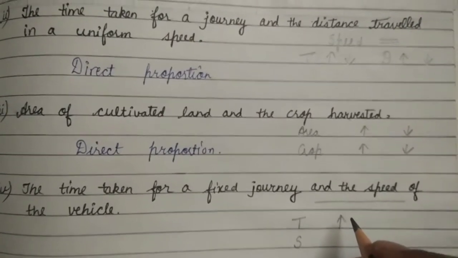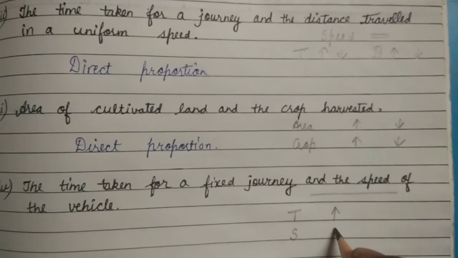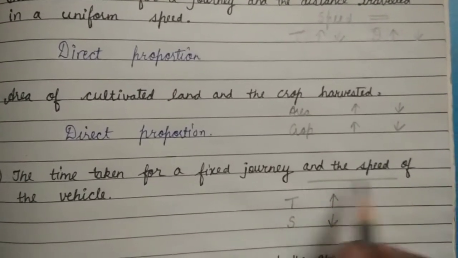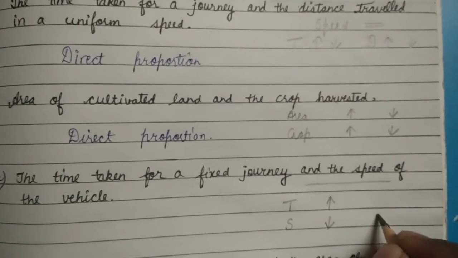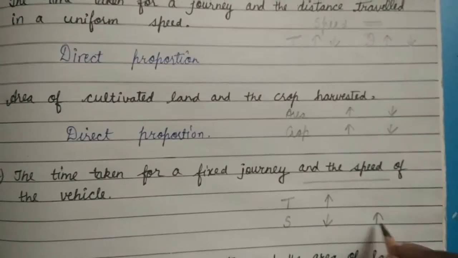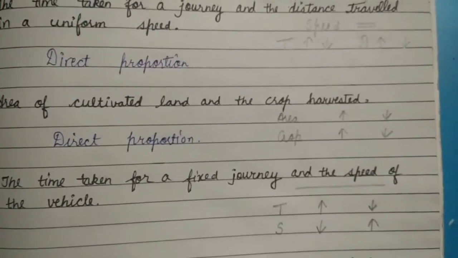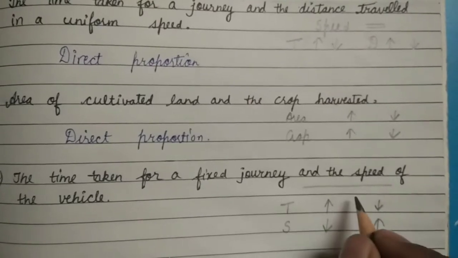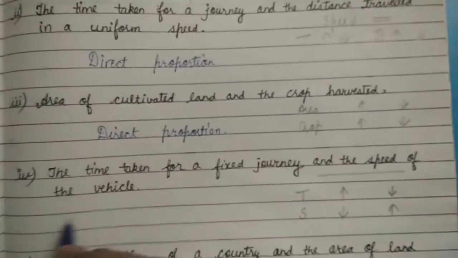If you are taking a long time, your speed will be less. For example, if you are late for school, you travel with high speed. When you travel with high speed, you consume less time, and when your speed is less, you take more time. So here we have inverse proportion.